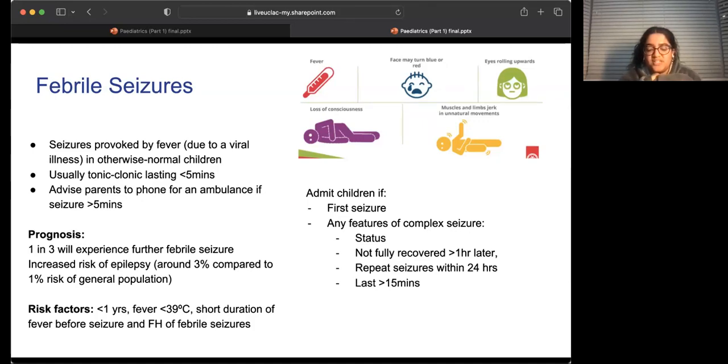And in terms of prognosis, this is something that's really commonly tested in OSCEs, because it's quite a difficult station, but a really good explaining station to do. I think you just need to learn these things, but about 1 in 3 will experience further febrile seizures.